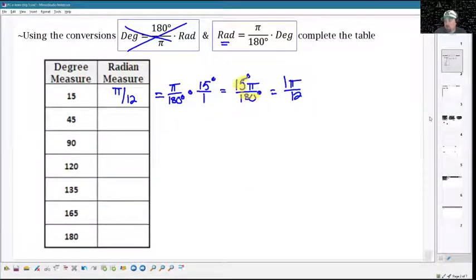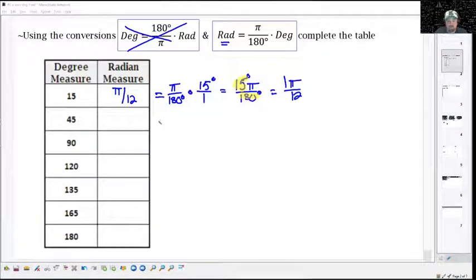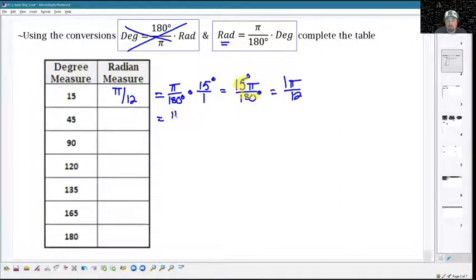All right, so you hit pause and you tried these, so let's go through and work these problems out. So same thing. We're always going to be putting this pi over 180, and it's going to be 45 degrees over that 1. So we get 45 pi over 180, and that's going to be 1 pi over 4.